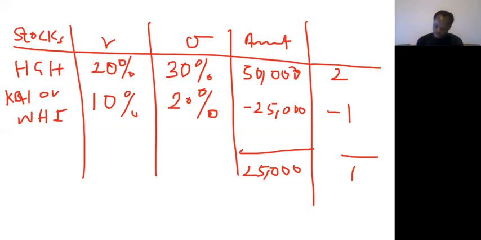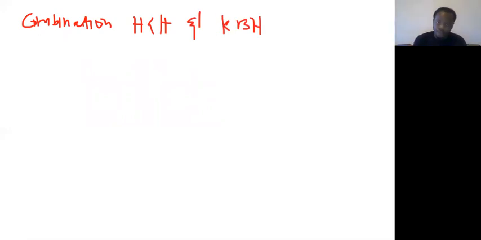Okay, so now let's look at the combination of AGH and KBH. You're looking at a portfolio that consists of AGH and then KBH.